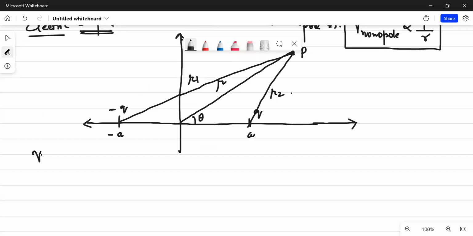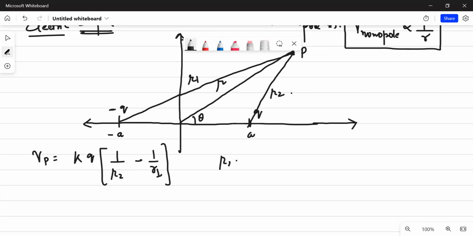The potential at point P can be written as K Q upon, 1 upon R2, sorry, 1 upon R2 written here, minus 1 upon R1. Is that clear? So now this will be 1 upon R2 minus 1 upon R1.